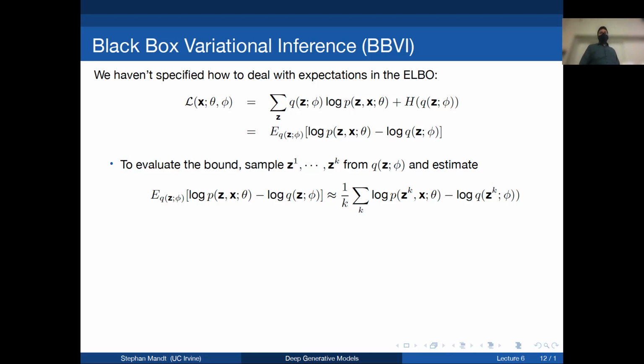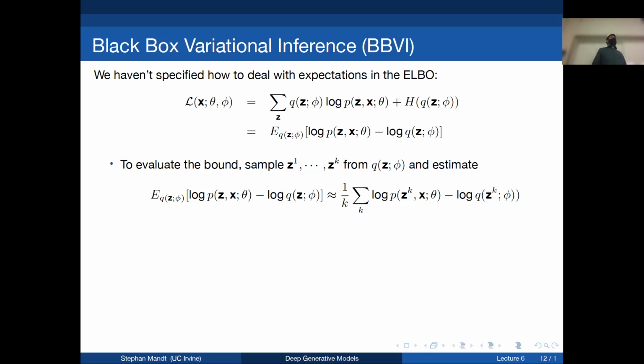The first question is, how do we even evaluate this evidence lower bound? It still has this abstract form, written as an expectation. If you want the numerical value given a set of parameters phi and theta, how do you get it?